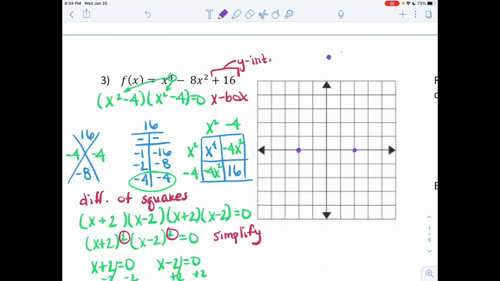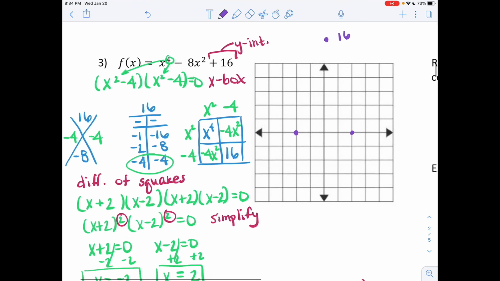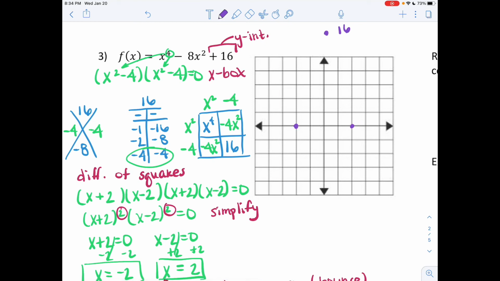This isn't to scale, but I'm just going to mark that as 16. And then let's go ahead and identify our key pieces of information. My degree is 4, which is even. My lead coefficient is positive because it's that positive 1 in front of x to the 4th. So that is a positive.